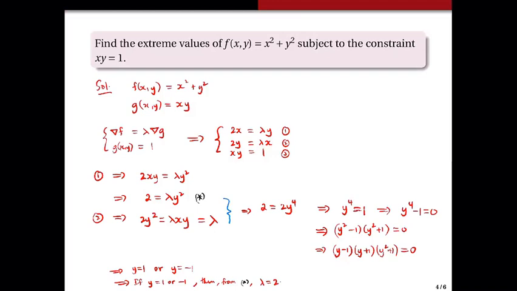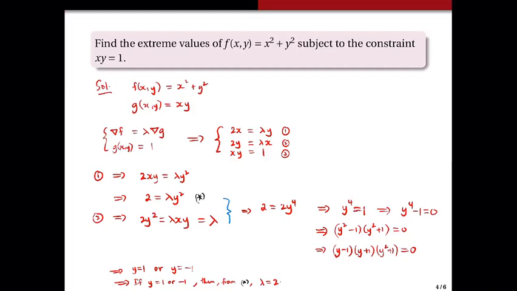And then from here we can use equation 1 or equation 2. In fact, we don't have to solve for lambda because we just want the point x comma y. We could have used equation number 3.